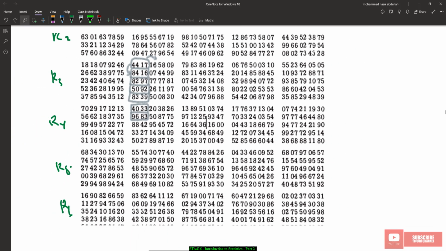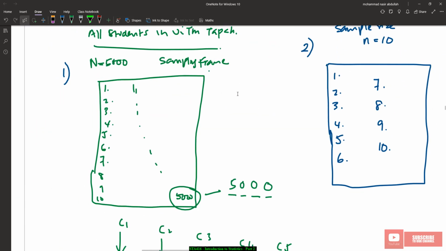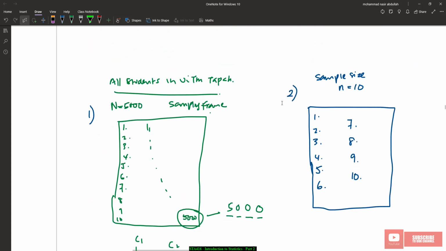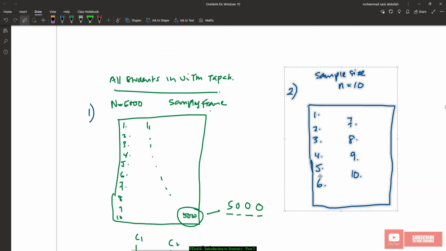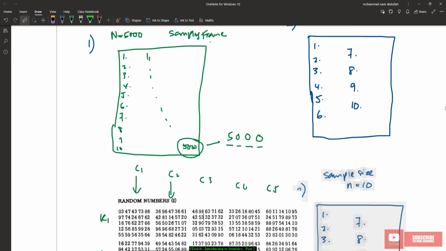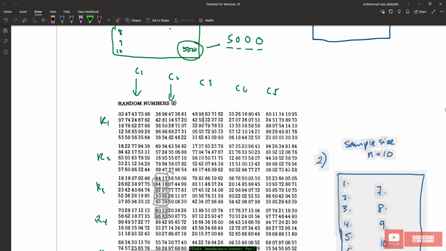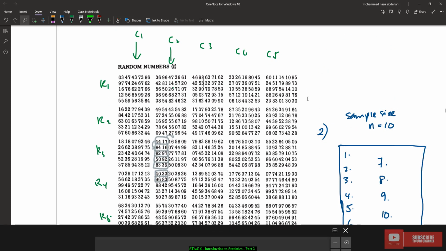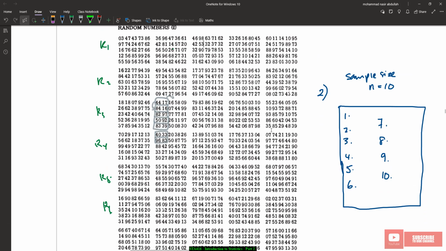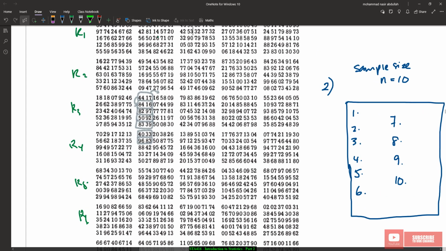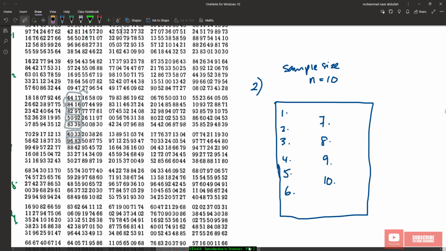Since we only want to take 10 samples, let's do it together. Let's say I go downwards. Let's say we have chosen this block, and the first number that we select is 4417. 4417 is still within the range from 1 until 5,000.